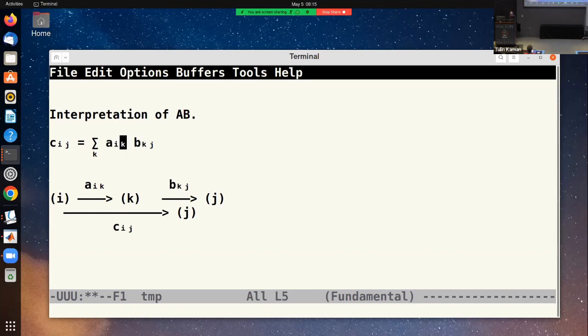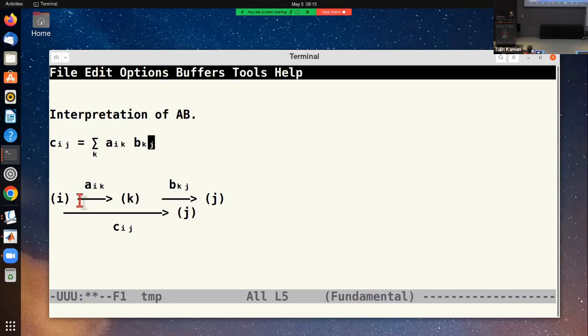If Aik is non-zero and Bkj is non-zero, then you have one item that's added to location ij, so it will be non-zero. Here is a representation of what is happening. If there is an edge between I and K, so Aik is non-zero, and if there's an edge between K and J, meaning that Bkj is non-zero, then there will be an edge between I and J, all right?